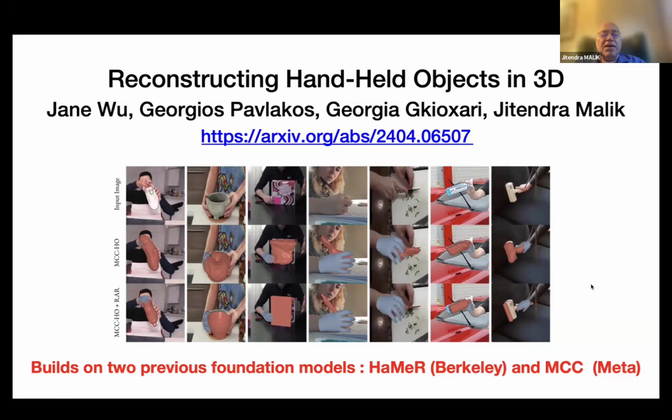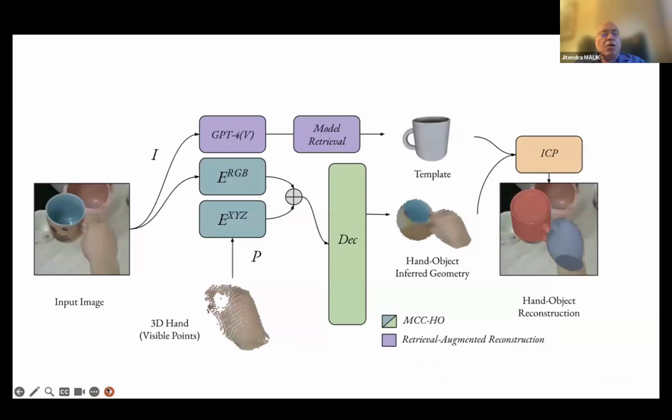So the way the architecture works is as follows. Suppose I want to reconstruct this hand-object scenario with somebody manipulating a coffee mug as I have in my hand.